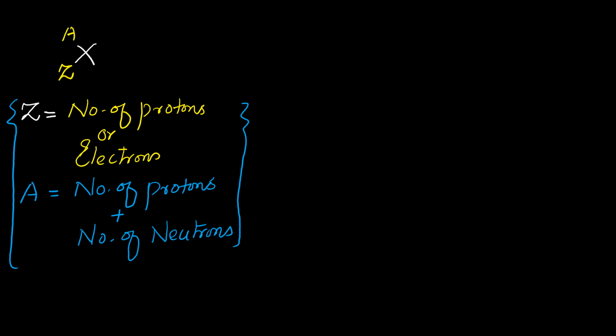So now we consider this is an element and it is going through a positron decay. In positron decay, the nucleus of an atom has more protons, and these protons will be converted into neutrons. In positron decay, this proton is converted into a neutron.